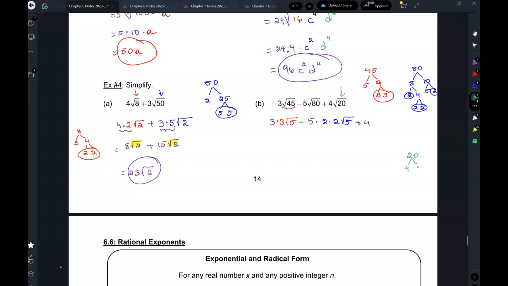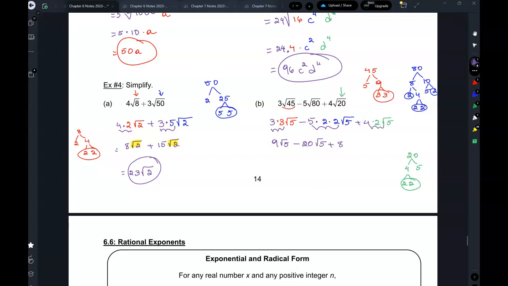It's what times what? 5 and 4. 2 and 2. So 2 comes out, 5 stays in. Whew. Okay, so here I have what? Root 5? 9 root 5. Okay, minus 5 times 2 times 2, that's 20 root 5.